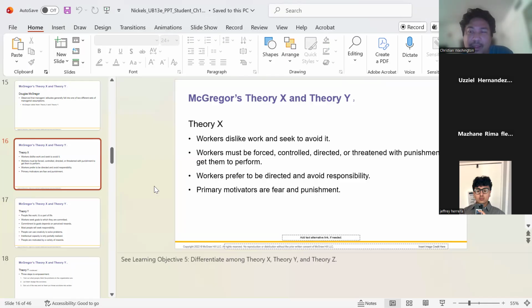So while I'm saying Theory X seems more negative, it warrants review and understanding because sometimes people respond differently to different things, right? Some people respond differently to the threat of punishment, being coerced or controlled, than they do to being motivated, right?